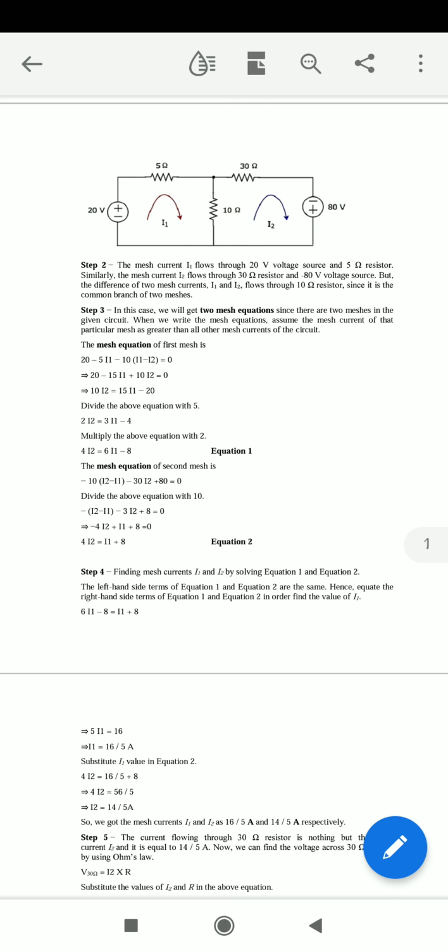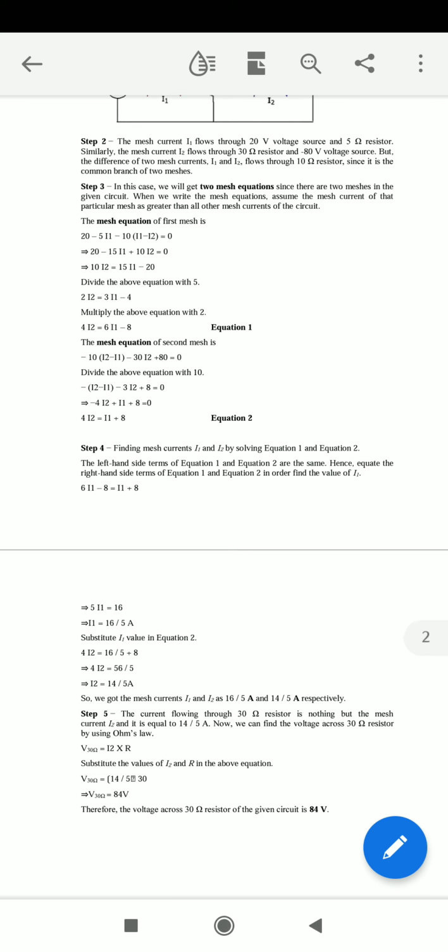In the second mesh equation, we write I2 minus I1 in the 10 ohm resistor. At that time the dominant current is I2, so I2 minus I1. In equations 1 and 2 we write it vice versa. 20 minus 5 I1 minus 10 (I1 minus I2) equals 0. So 15 I1 minus 10 I2 minus 20 equals 0, so 10 I2 equals 15 I1 minus 20.